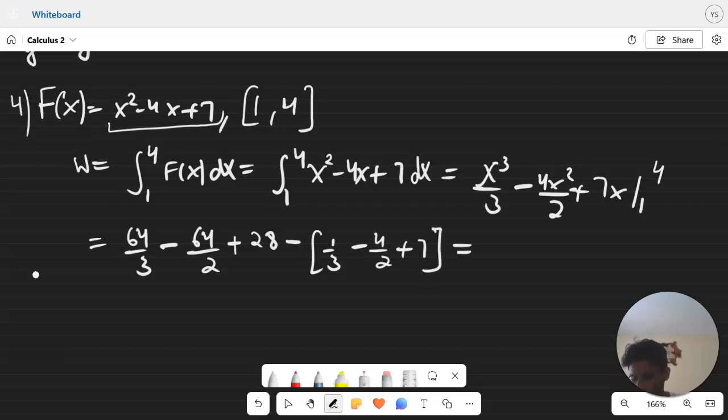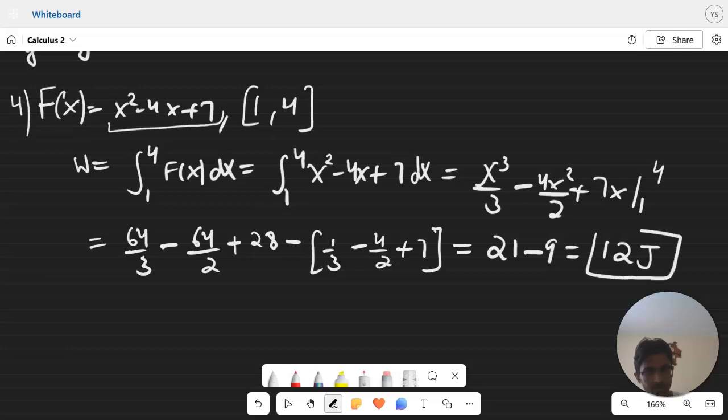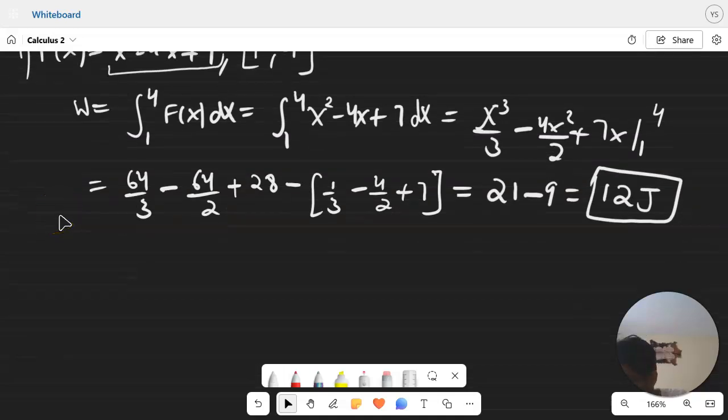Now we could go on solving, and as we go on, we're going to come to a final answer of 21 minus 9. And that's going to give us 12 joules. Ready. So that was one with the variable force.